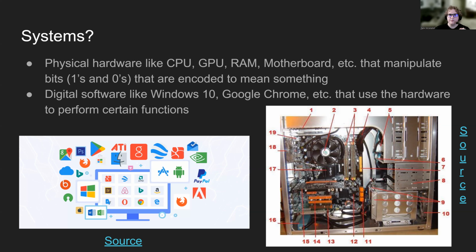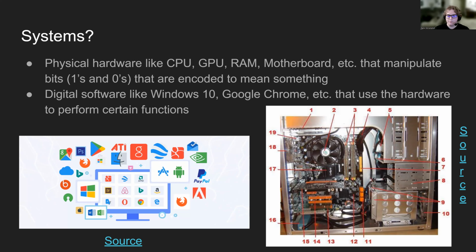Really, we encode the ones and zeros to represent things like characters or machine instructions to actually do math like addition or subtraction. And then it gets more complicated from there. So the physical hardware is what manages those operations on the ones and zeros. And then there's software that runs on top of the hardware. Or at least I like to think of software as sitting on top of the hardware.